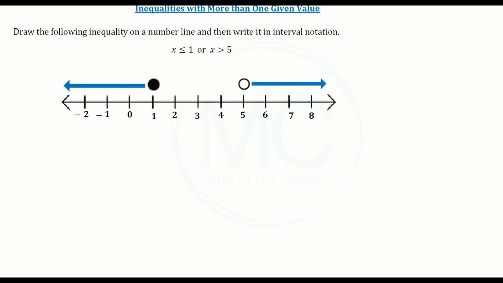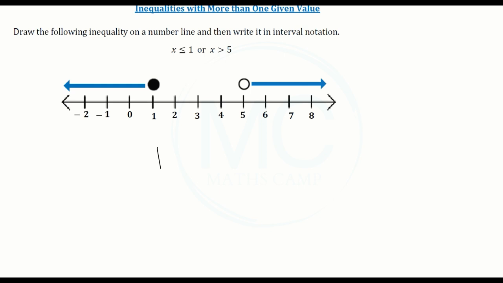So we now have two sets of values when writing this inequality in interval notation. Let's start with the values smaller than or equal to 1. We need to consider every value smaller than or equal to 1, so 1 is our upper bound for this set of values. We don't have a lower bound, so the values go on forever.